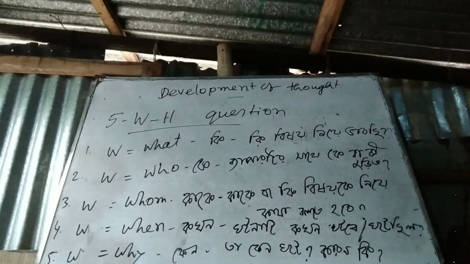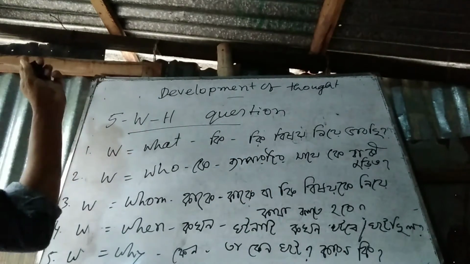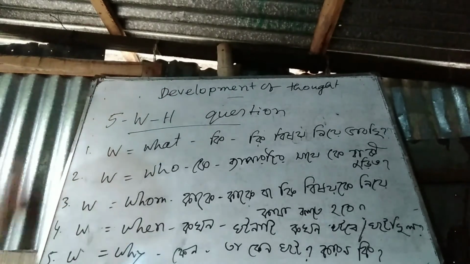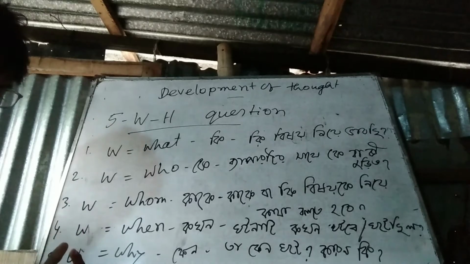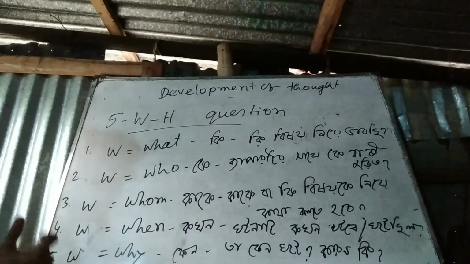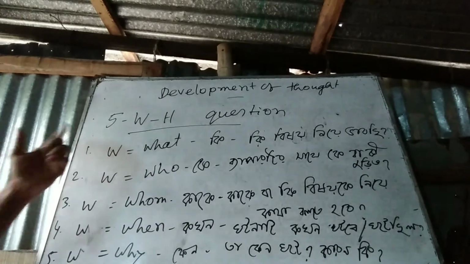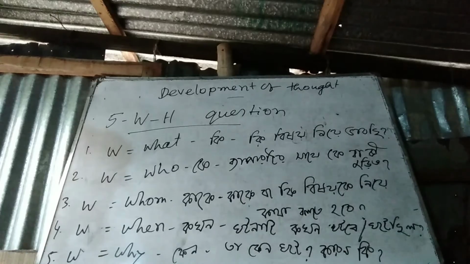Dear students, this part is named development of thought. First, we have discussed our thought, what our thought would be, and how we can develop our thought. And for developing our thought, we have to maintain 5 questions. If you ask yourself the 5 questions, you can get the answers, and you can develop your thought.